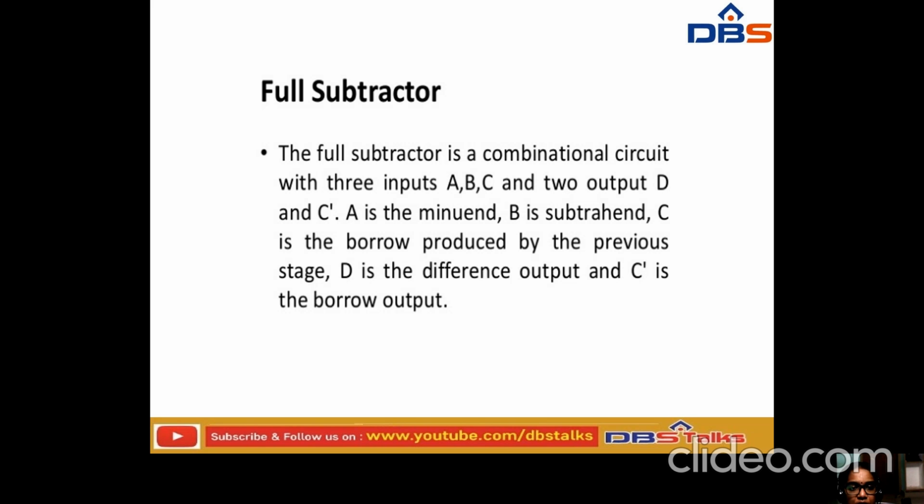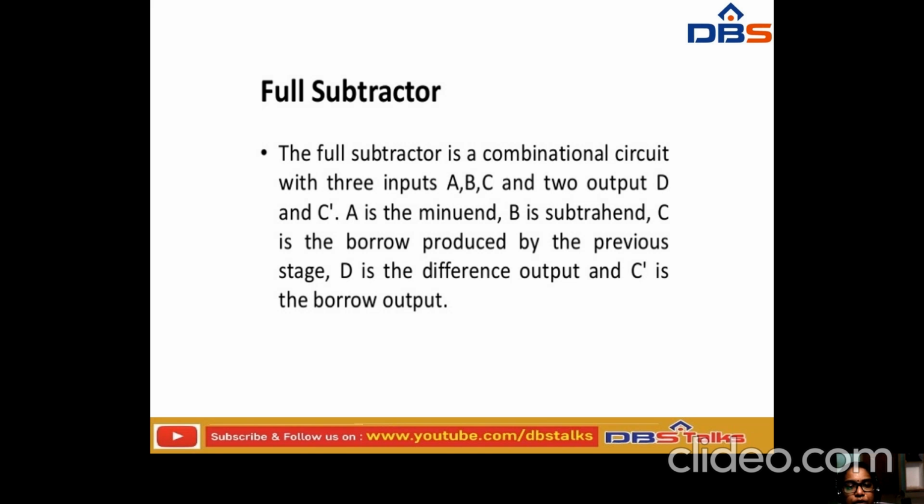So from this we can say A is a minuend and B is a subtrahend. C is the borrow that is produced by the previous stage. So C is the borrow and D is the difference between those inputs. And C dash is the borrow output.